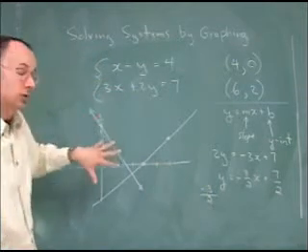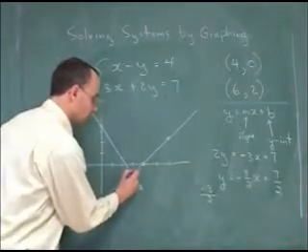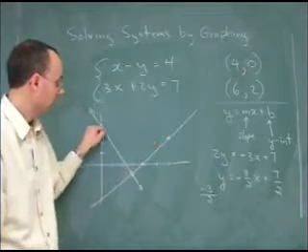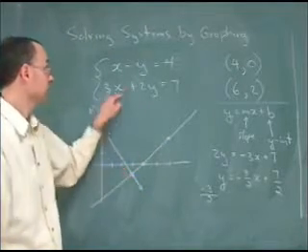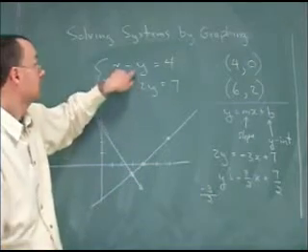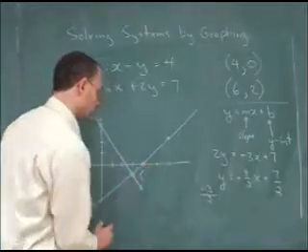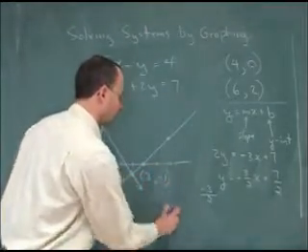And there is, from our graph, only one such point, and that is where the two lines cross. This is the only point that is on both of the lines, which means only this point's coordinates, when I substitute them into this equation and this equation, work. So what are the coordinates? Well, our solution looks to be 3, -1.